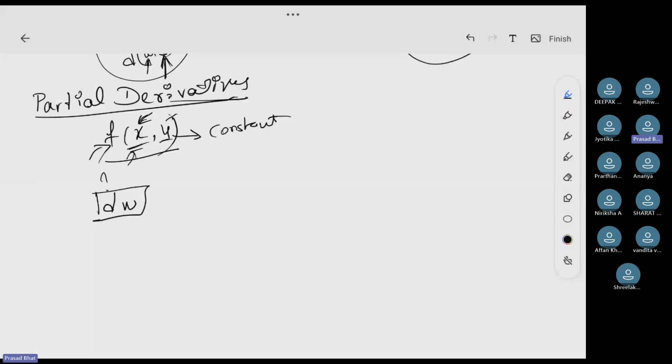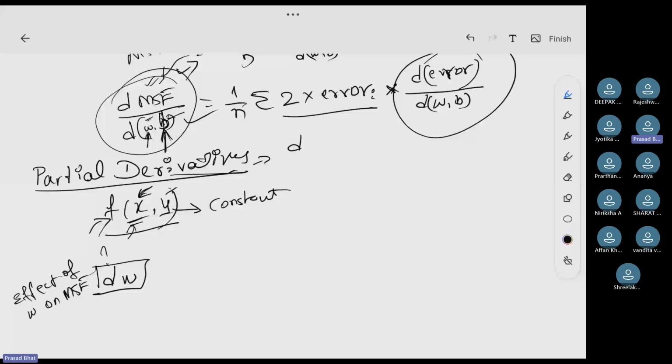So it is essentially the effect of w on MSE. How do I write that? To represent partial derivatives, instead of the d notation, d by d x for example, we write a different symbol called dou, dou by dou x. It is effectively the effect of the x variable alone on f, keeping every other variable constant.